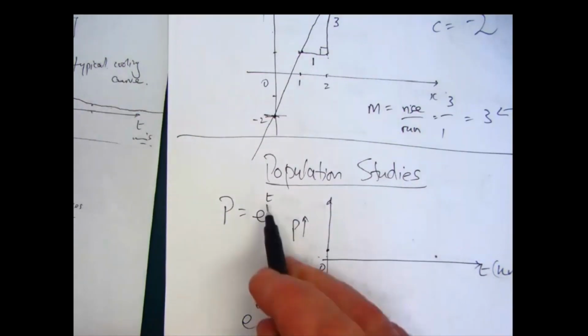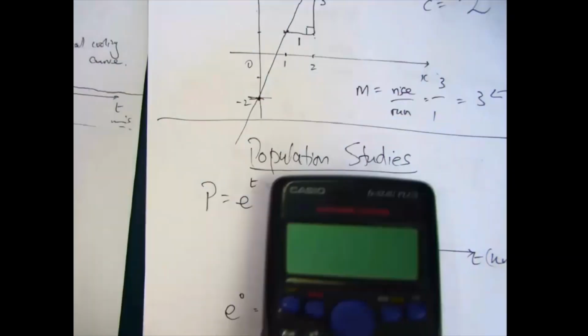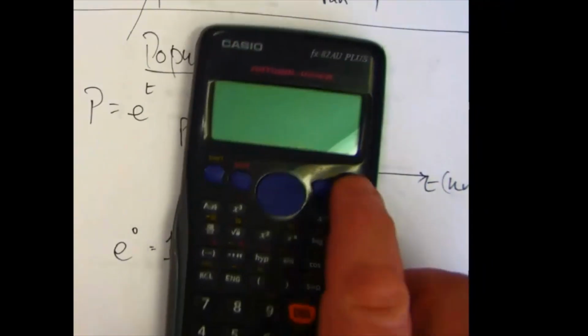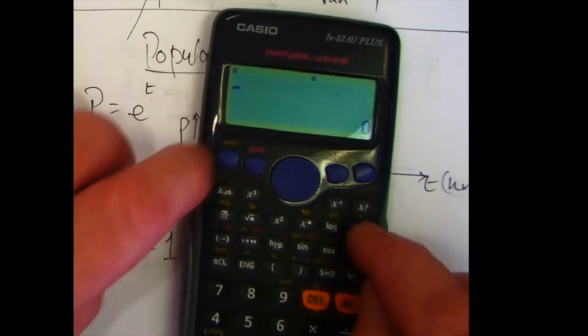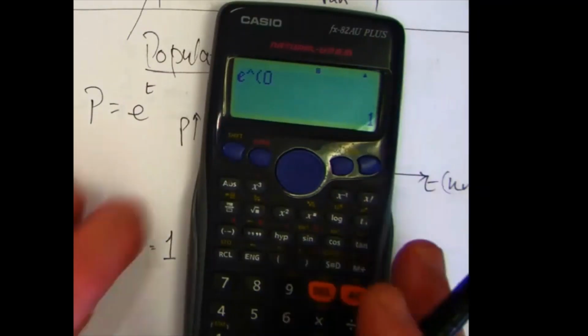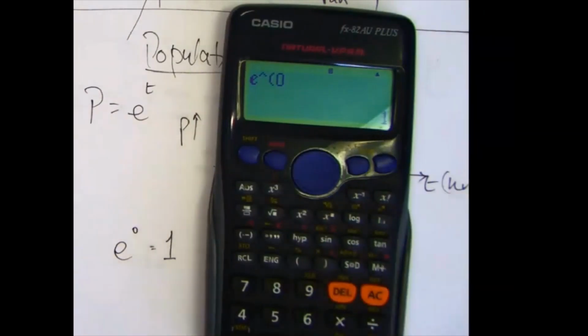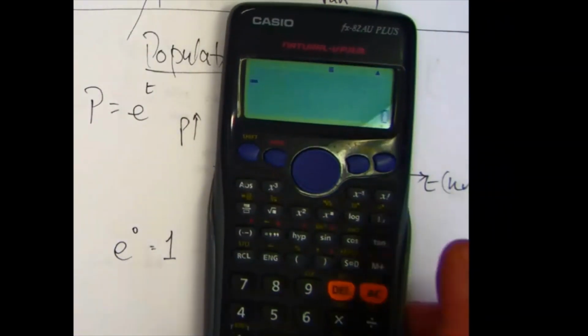As t gets bigger, this gets bigger very quickly. Let me show you. Here's a calculator. Now, shift on the log gives us the e function. When it's naught, 1 is the value. So e to the naught is 1. The calculator confirms that. And we know from our log theory that that in fact is true.